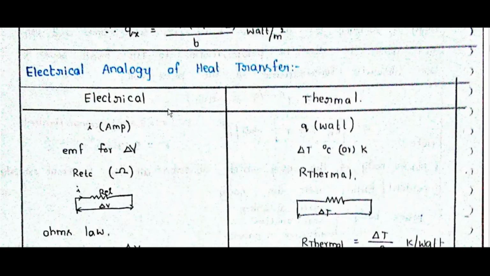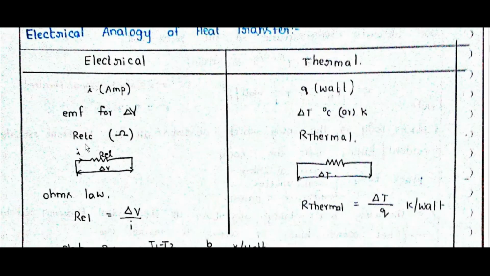Electrical analogy of heat transfer. Electrical: current I in ampere; thermal: Q in watt. EMF or delta V in electrical; delta T in degrees centigrade or Kelvin in thermal. R is resistance in ohm; R thermal.